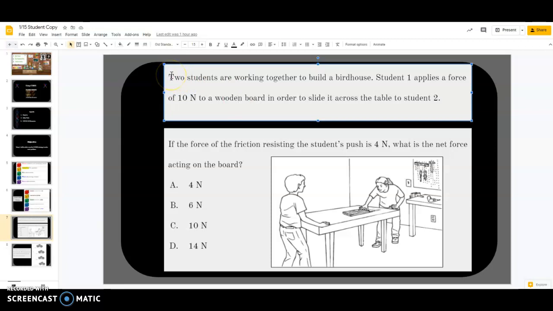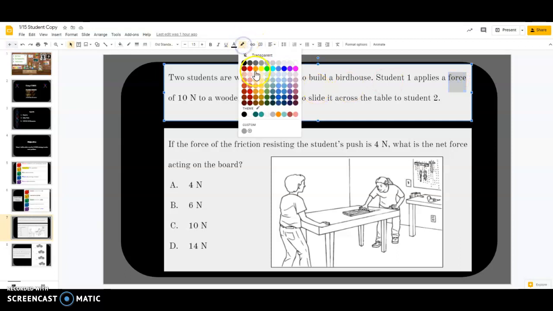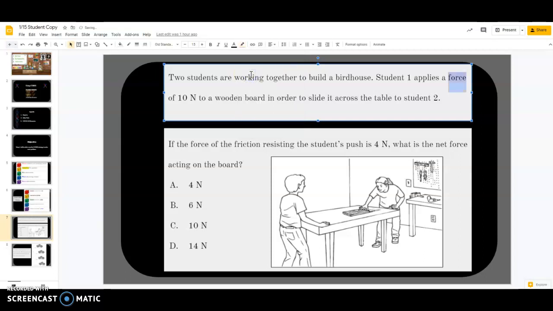The first sentence, two students are working together on a birdhouse. That's just background information setting up for the question, so I don't need to highlight anything there. Student 1 applies a force. Okay, force, that's one of my vocab words. And I'm going to highlight in light red 3. It's the red directly below the bright red.